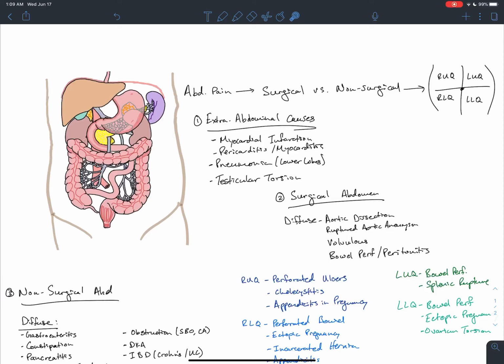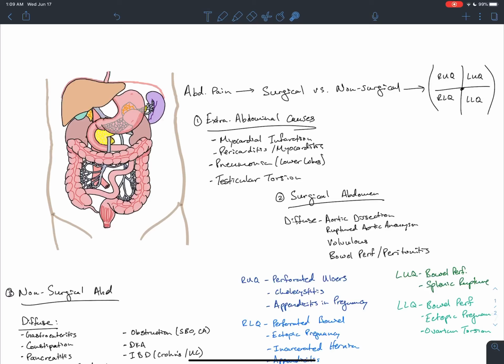Versus non-surgical, we have a little bit more time. It's more medication treatment, and a lot of times it's just supportive treatment. But it's important to be able to distinguish what are the surgical causes, what are the non-surgical causes of abdominal pain, and what are some of the signs and symptoms that point you to one or the other.